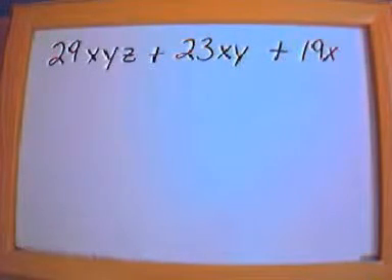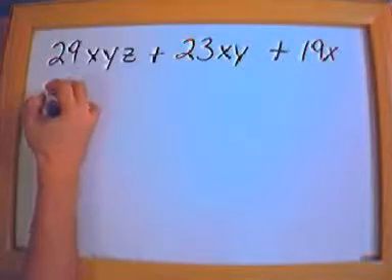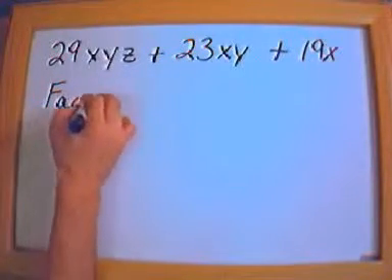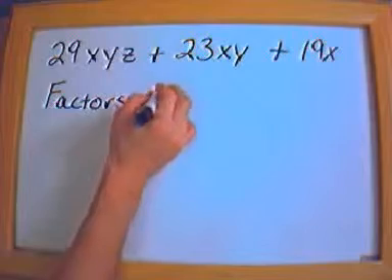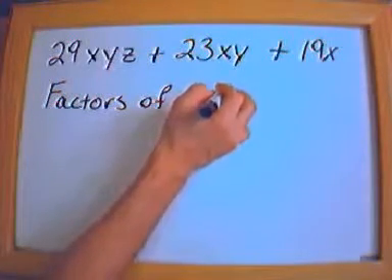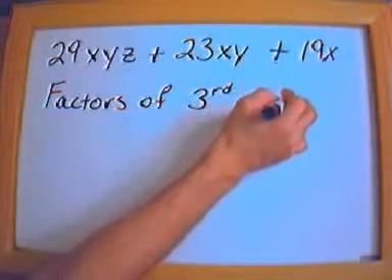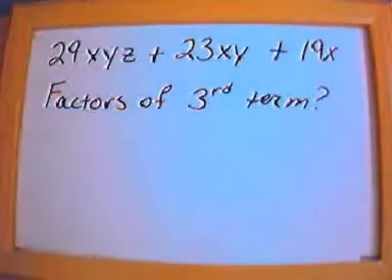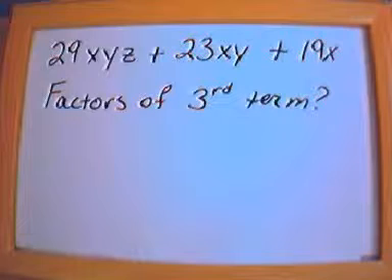And then the question is, what are the factors of the third term? You'll see this sometimes in your textbook. They'll give you an equation or a term or an expression, and they'll say, give me the factors of the third term.